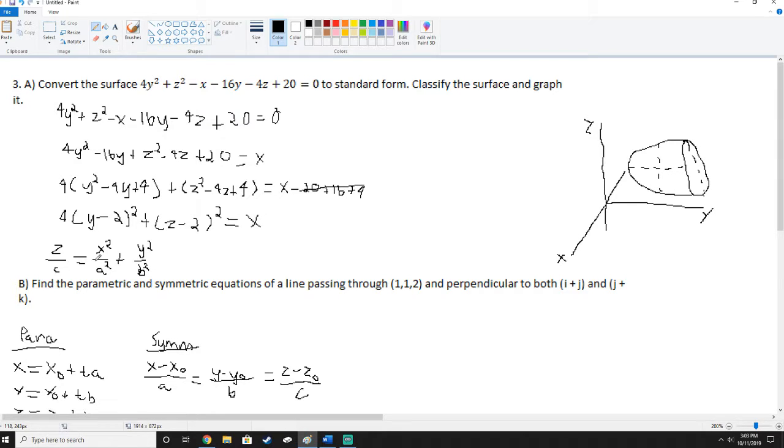Now this is the equation for an elliptic paraboloid, and in essence, our standard equation for 4y squared plus z squared minus x minus 16y minus 4z plus 20 is the same as this equation for an elliptic paraboloid. The only difference being that x is the axis of the paraboloid instead of z.